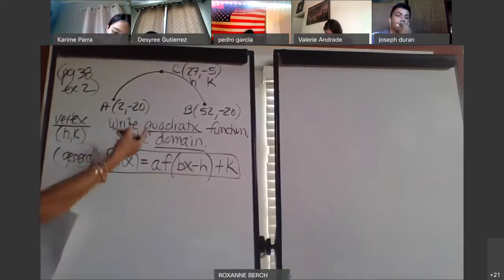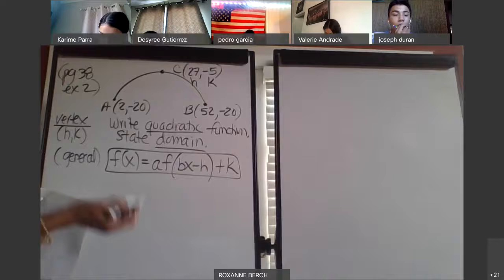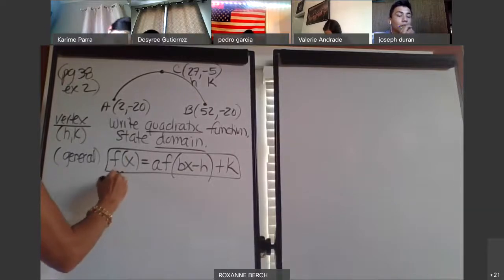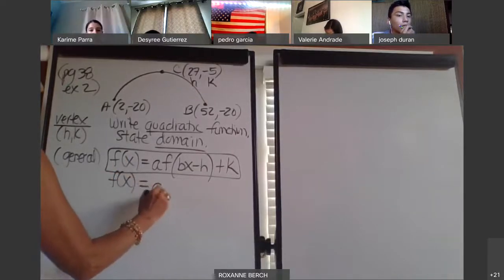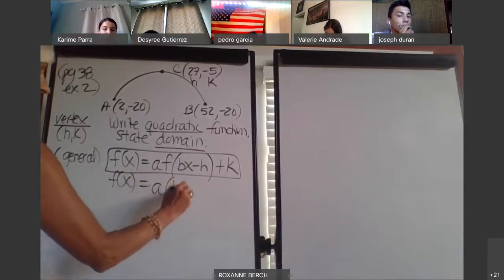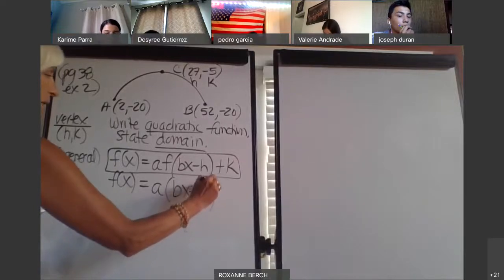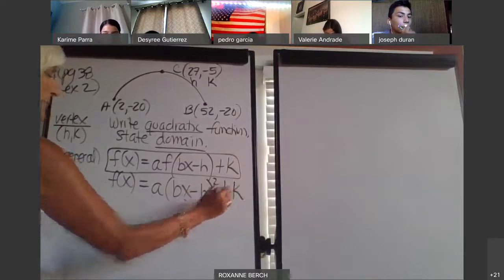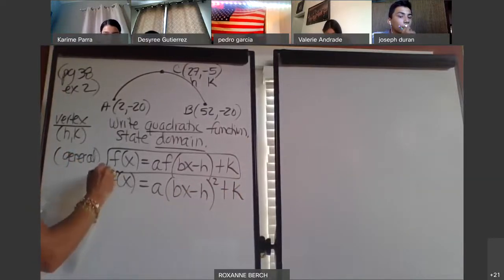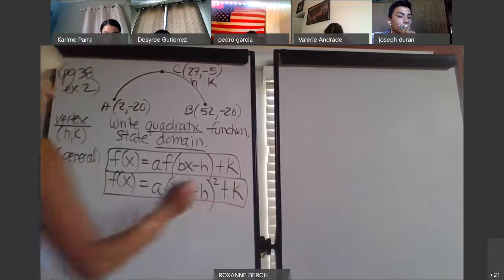So they straight out told us it's a quadratic. So now I'm going to write the quadratic function. It's A times (bx minus h) quantity squared plus k. So they straight out told us that it was a quadratic.